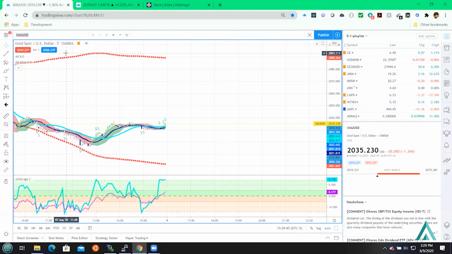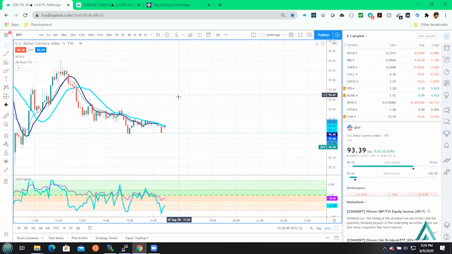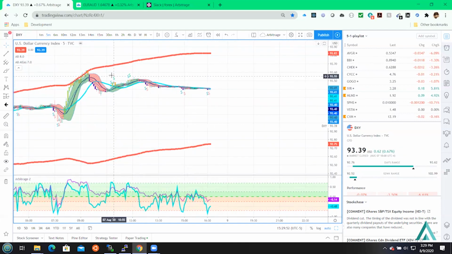But if the dollar is recovering at DXY, then we're expecting everything versus the dollar to have a slight pullback, right?